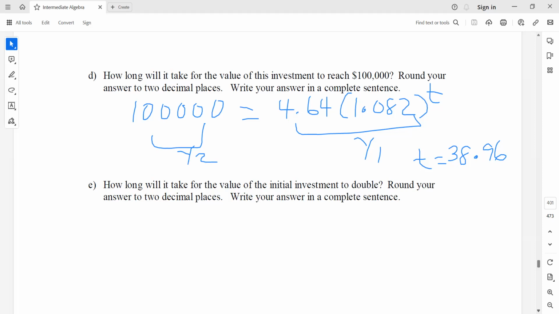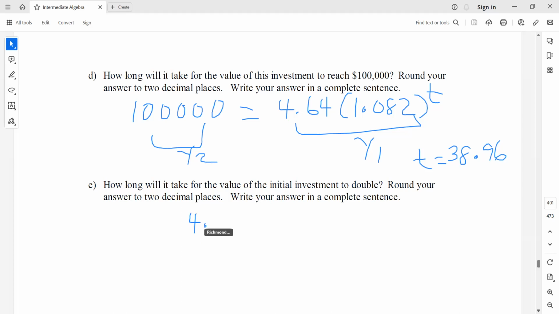All right. E says, how long would it take for the value of the initial investment to double? So what was the initial investment? Let me check that. It was 4.63, right? Yes, it was 4.63.